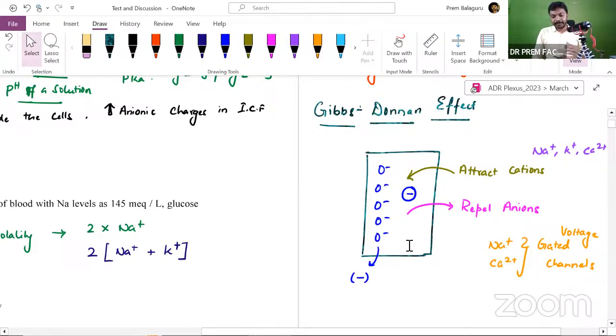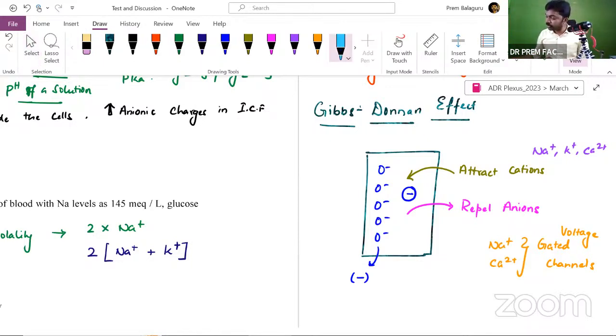But if you consider these three ions, sodium, potassium, and calcium, when they are getting attracted by the anions inside the cell, sodium and calcium cannot subjugate themselves to the attraction force, because even though they try to move in, the gated channels will not let them move, because the gates do not open without a trigger. Without an appropriate stimulus, the gate does not open.